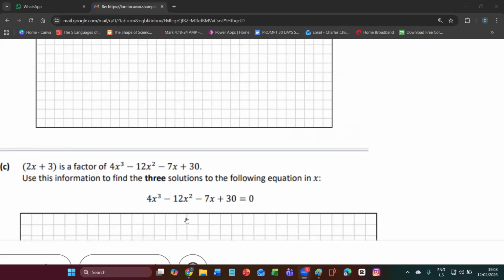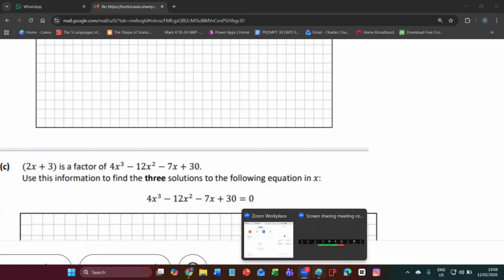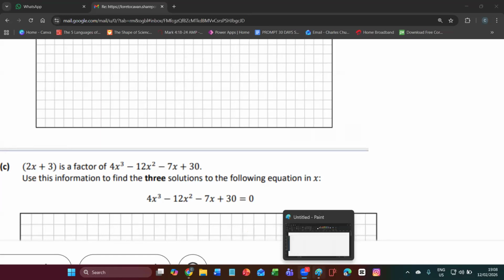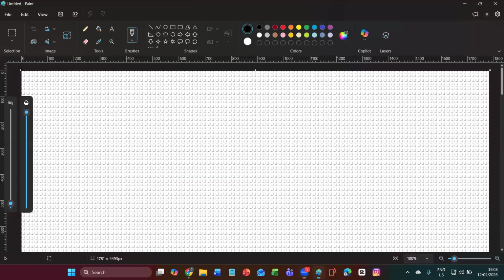So the way we solve this is long division. I hope this is more like a reminder, but if it's not, I'll do my best to explain it as much as I can.